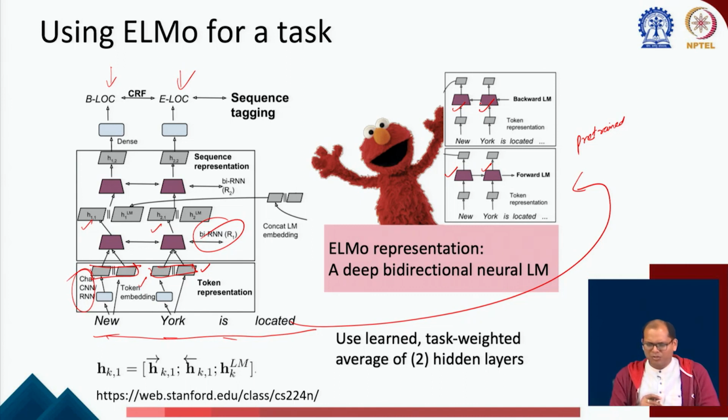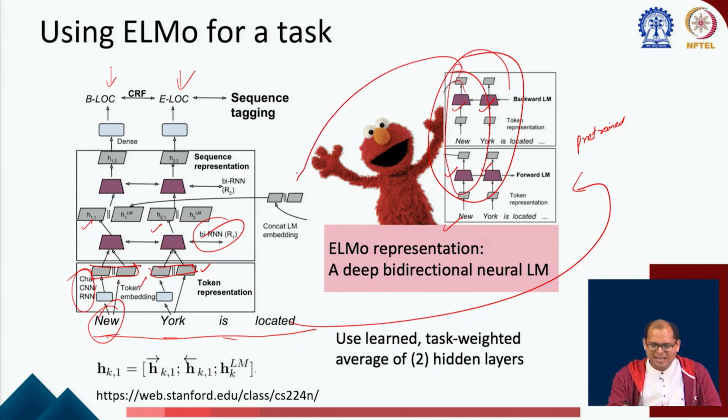I'll get the representation because the parameters are fixed, and I have seen how to combine these into a single embedding for each word. So suppose for the word New, I combine all of these into something, and I'll have the final output for both forward and backward direction, and I concatenate it with the hidden vector, right.